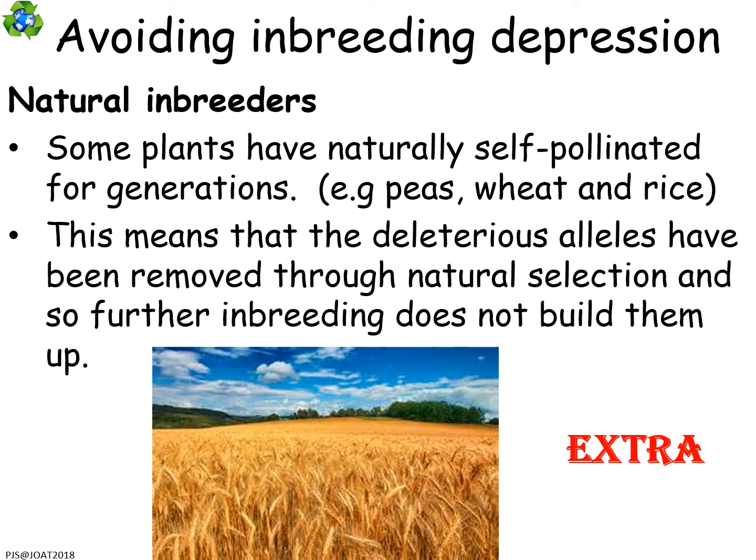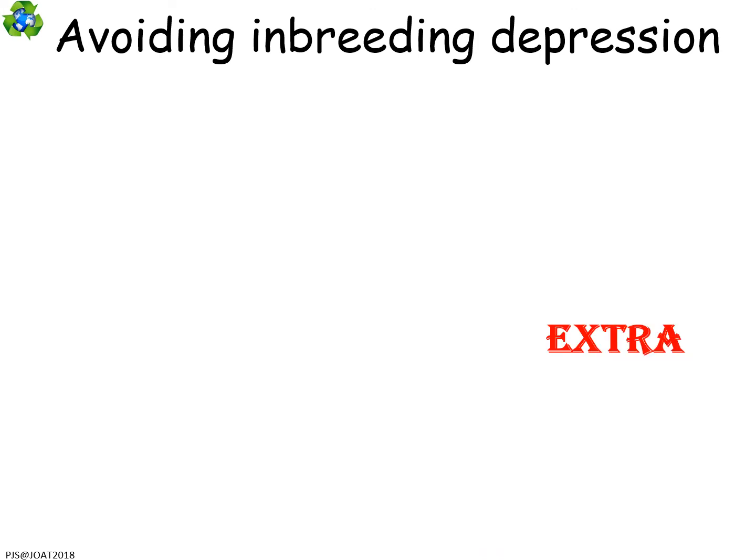So what's actually happened is that they've gone through inbreeding depression, the deleterious alleles have built up, but any plant that was ending up with those has a selective disadvantage, so they're not passing on to the next generation. So you've kind of edited out these alleles, but that's a pretty drastic way to do it. Still in the extras, but the ideas are nice to think through.